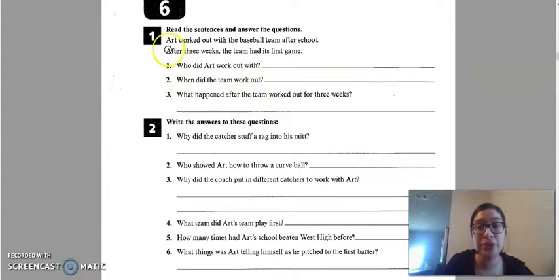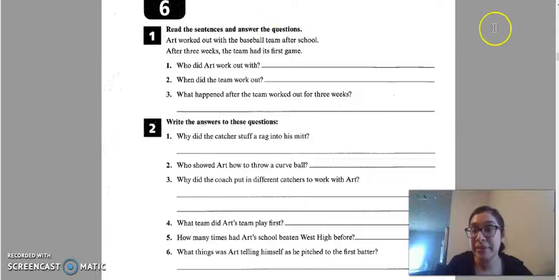Go back to our 2 sentences and find out when did the team work out. Yes, the team worked out after school. 3. What happened after the team worked out for 3 weeks? What happened? The team had its first game.